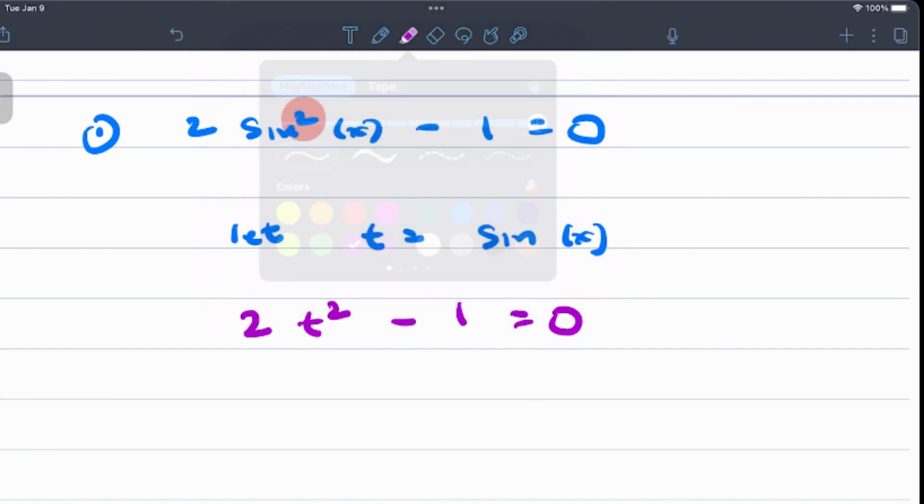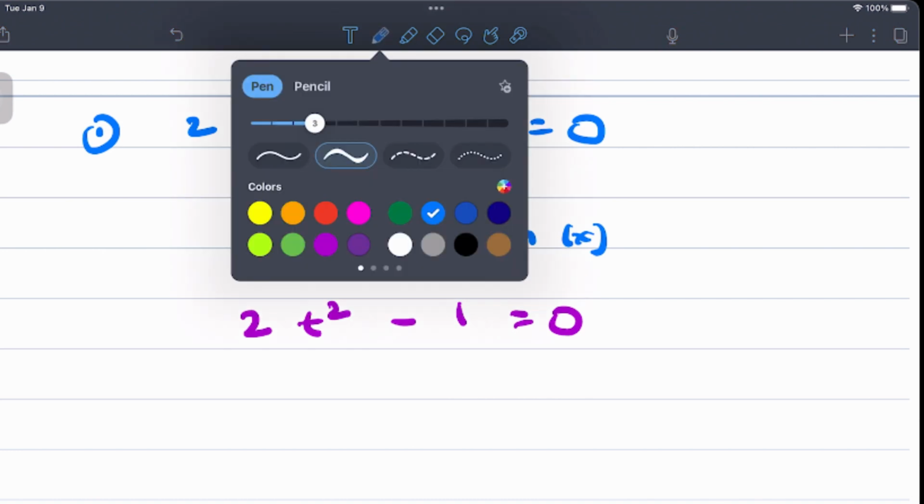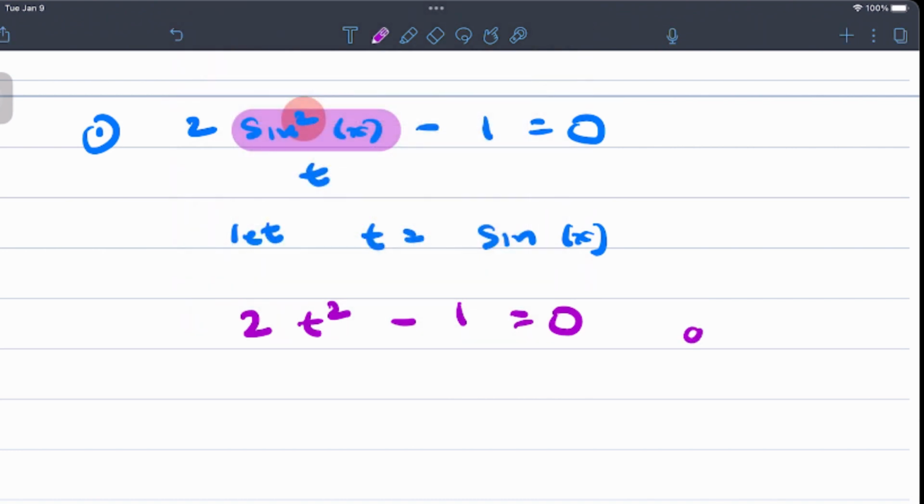Because what you're going to do is still solve for sine. Okay? But we got to do a substitution now. So t here is going to be our sine. And when you let t be sine, you get the equation 2t squared minus 1 equals 0. Now, this is what I mean by algebra.